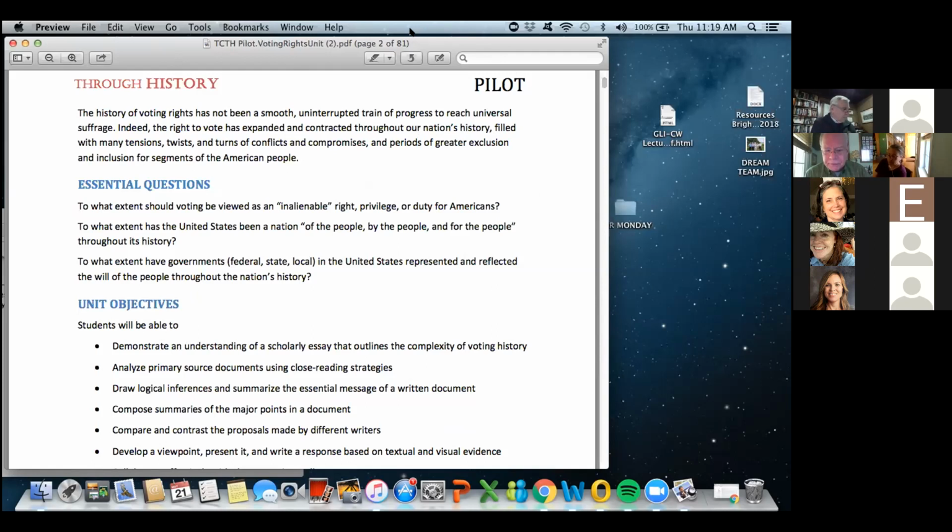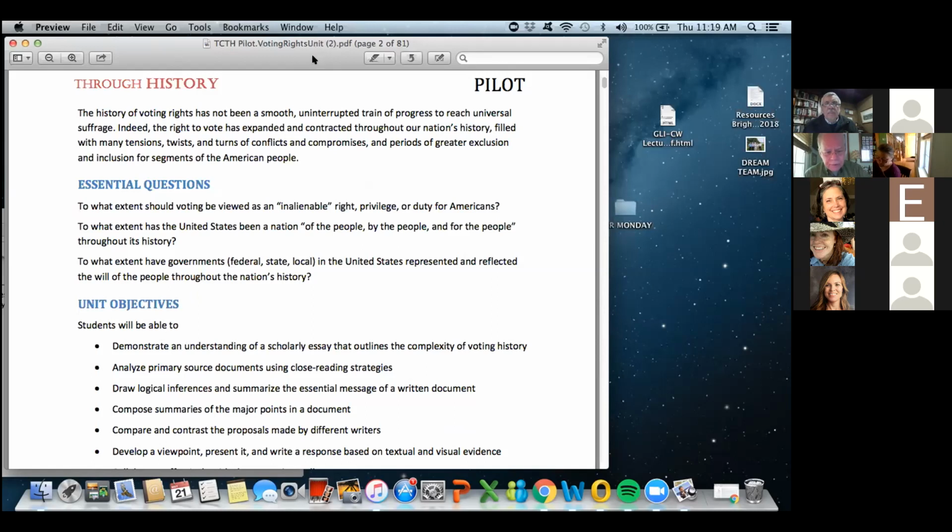And what we want students to think about is, as I said before, initially, states controlled who could vote, and what would be the qualifications for voting. Every state had its own requirements.